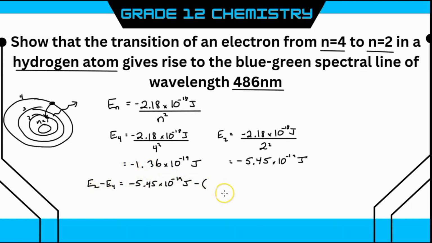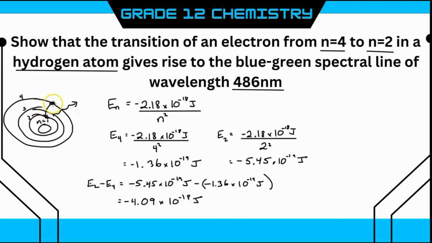And then we have this negative, so we have a double negative here, which will be a positive, times 10 to the minus 19 joules. And when we do that, we get negative 4.09 times 10 to the minus 19 joules for each atom.